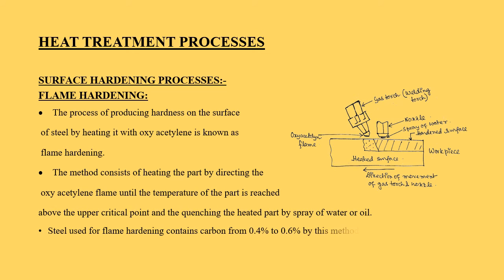The steel used for flame hardening contains carbon from 0.4% to 0.6%. By this method, the maximum depth of hard layer produced is 3 mm.